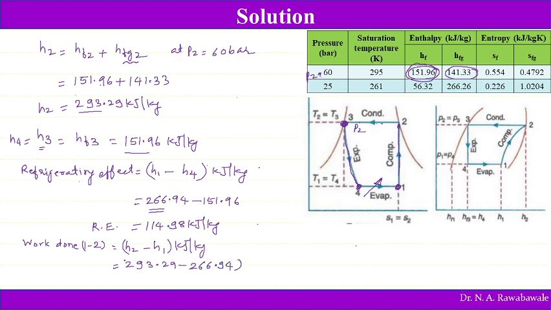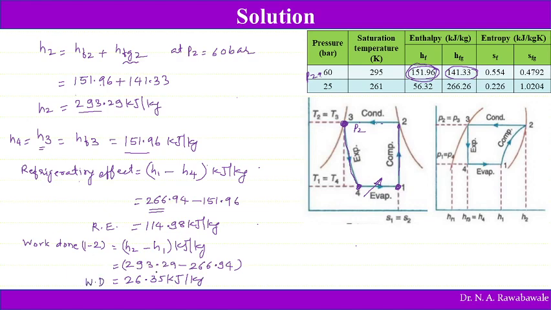So on simplification, we get the work done as 293.29 minus 266.94, which is going to be 26.35 kilojoules per kg.